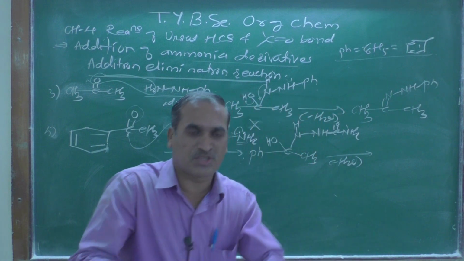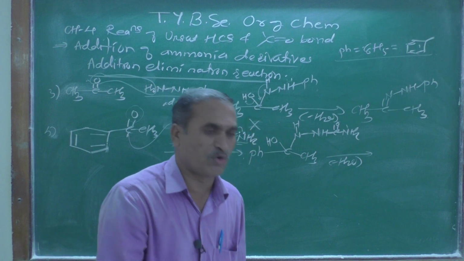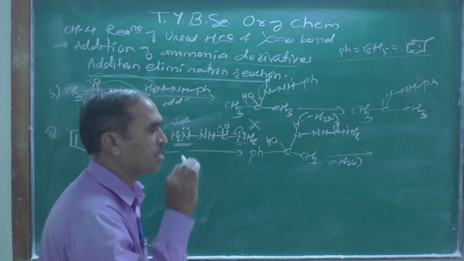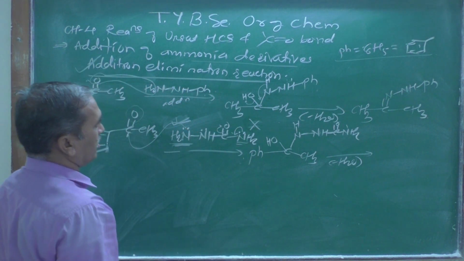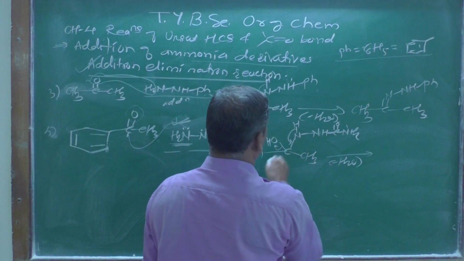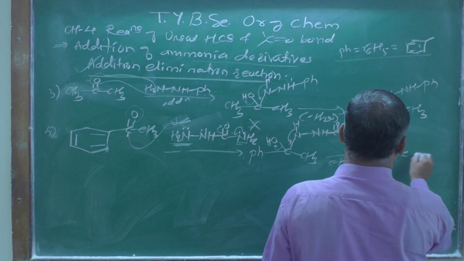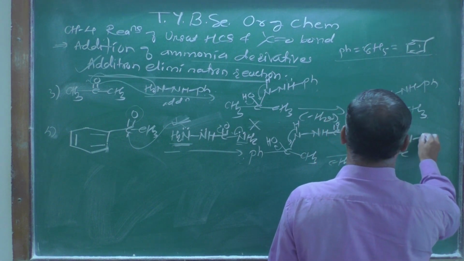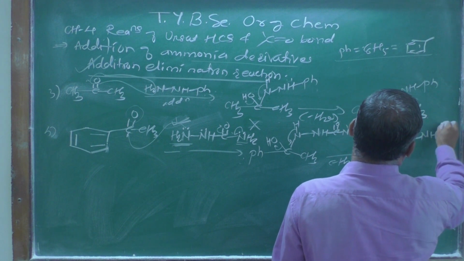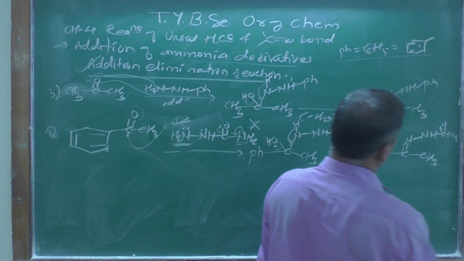First step is an addition reaction, second step is an elimination reaction, and therefore this kind of reaction is referred to as an addition elimination reaction. So here forming a double bond, OH is eliminated, and we are getting here Ph, then double bond NH, C double bond O, and NH2, and this methyl group as it is.